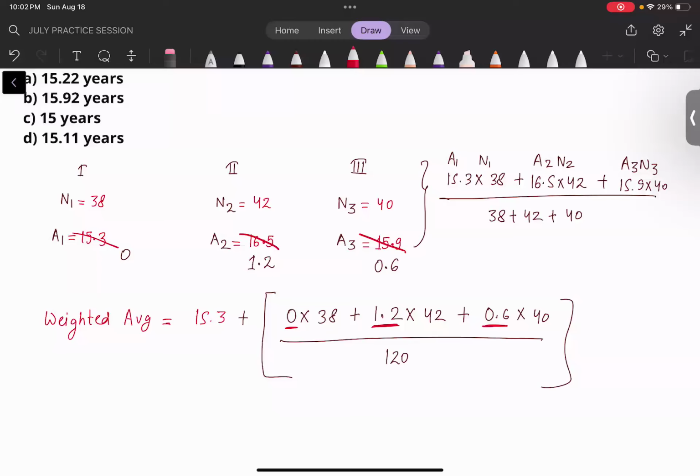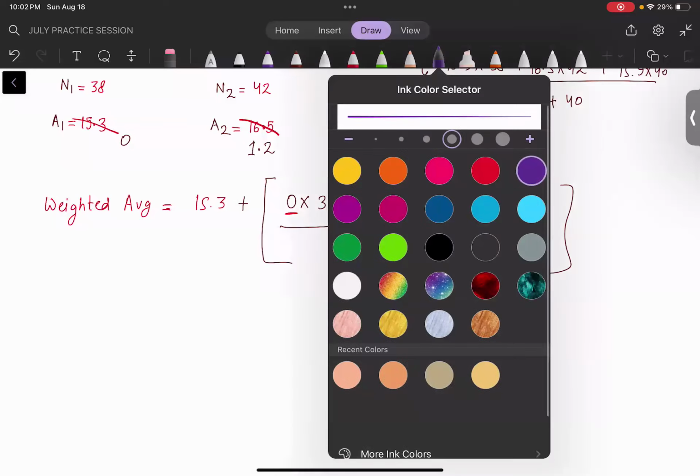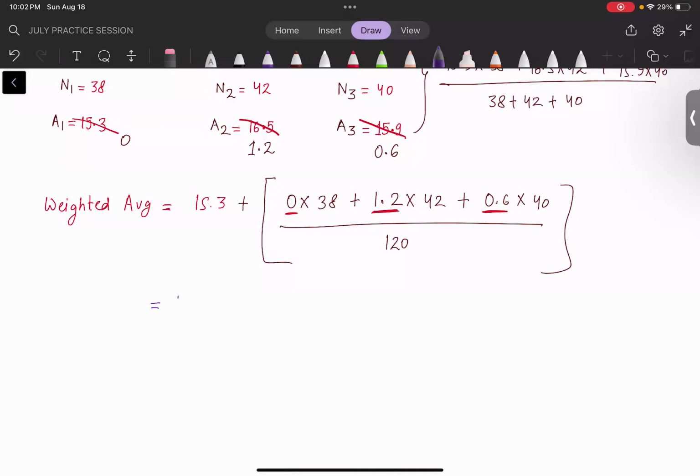Okay. Now let's calculate this. 15.3 plus 0 into 38 will become 0. Plus 1.2 into 42. Plus 0.6 into 40, divided by 120.